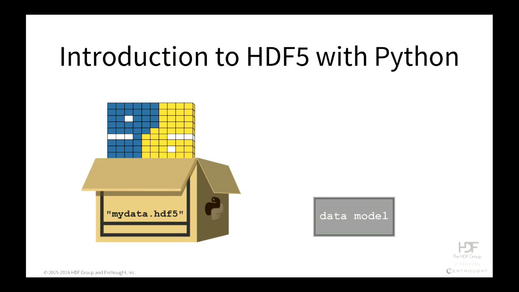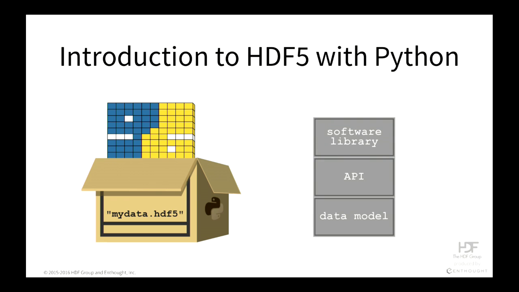It's a powerful way of organizing information, an extensive but easy to use programming API, and a rock-solid, high-performance software library maintained by a dedicated nonprofit organization. Over the past several years, HDF5 has become a commonly used technology in the Python and NumPy communities for handling large numerical data sets in an organized way. To get started, let's discuss the kind of problems that HDF5 is designed to solve.